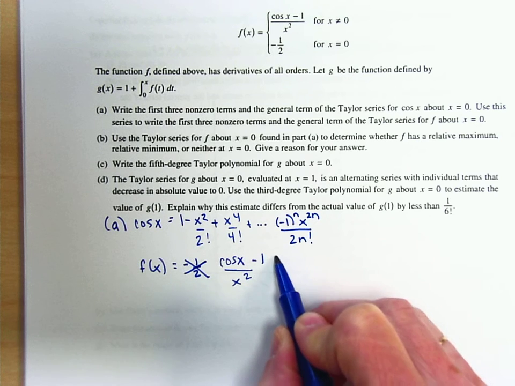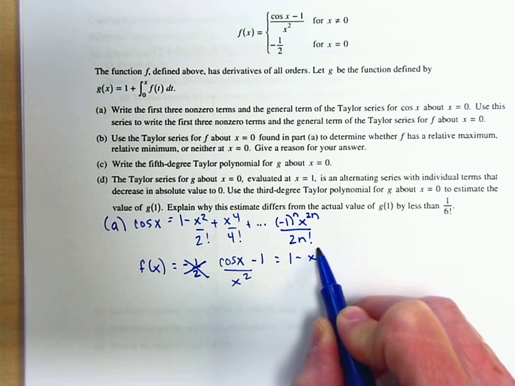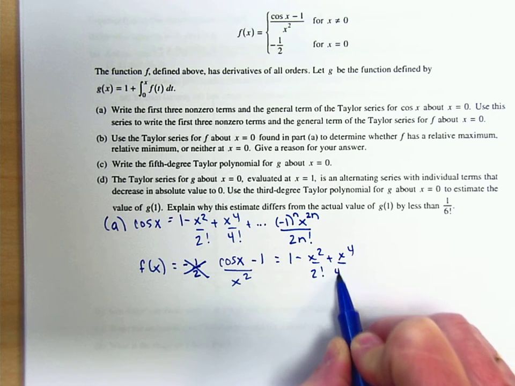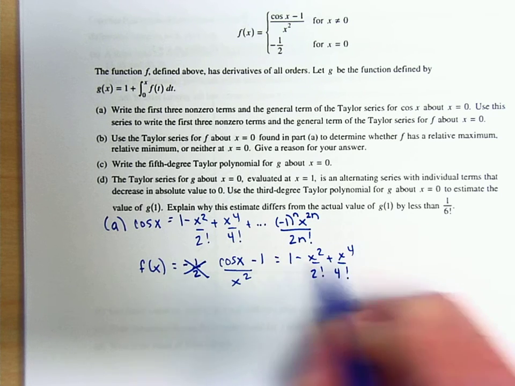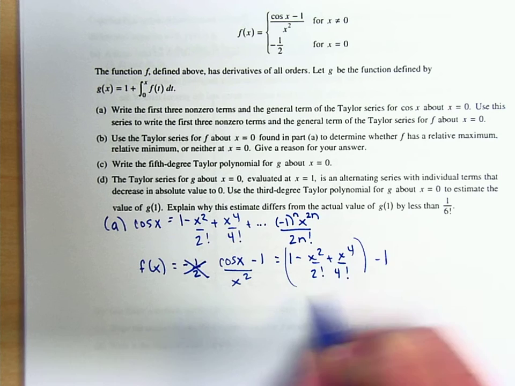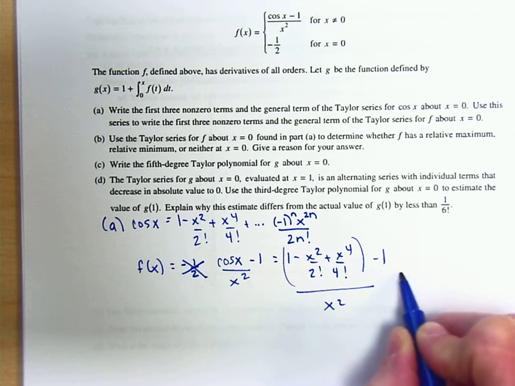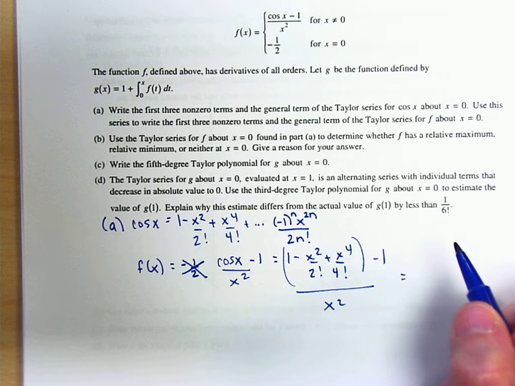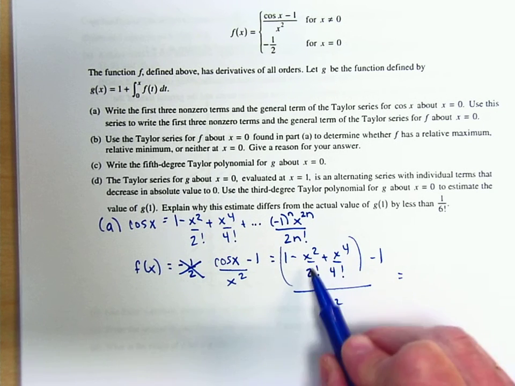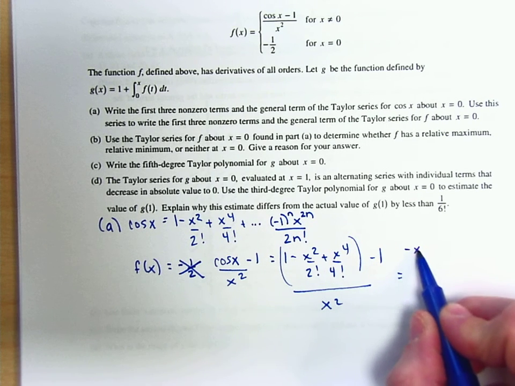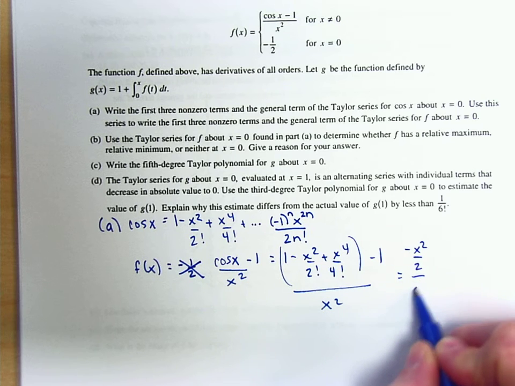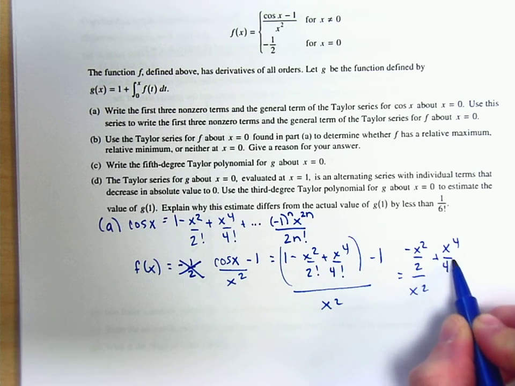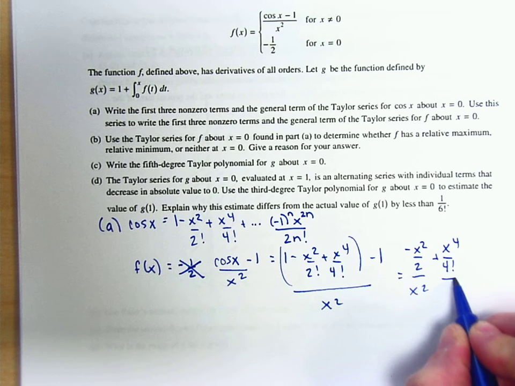This is the way I figured it out on my own. 1 minus x squared over 2 factorial plus x to the fourth over 4 factorial. Now we're going to subtract 1, and then divide by x squared. So these ones drop out, and I have minus x squared over 2 over x squared plus x to the fourth over 4 factorial all over x squared.